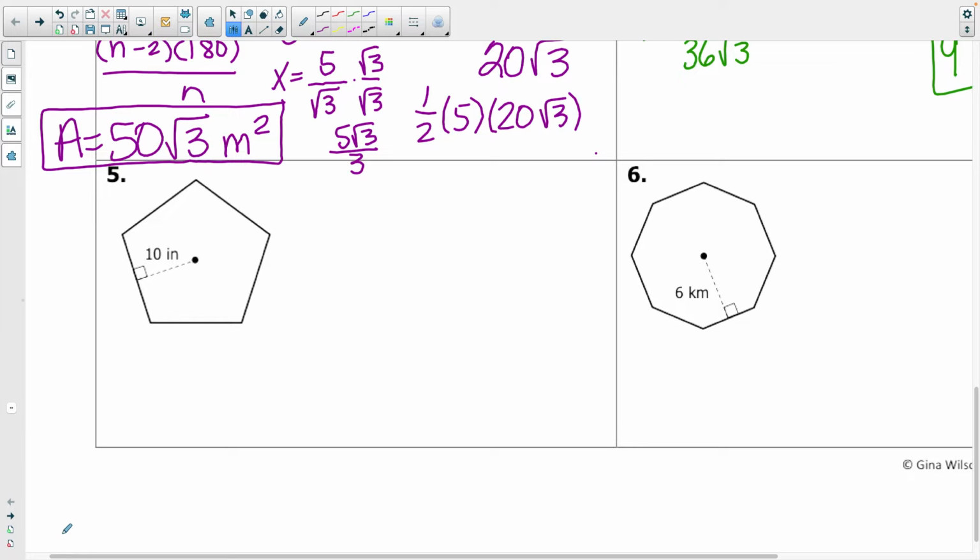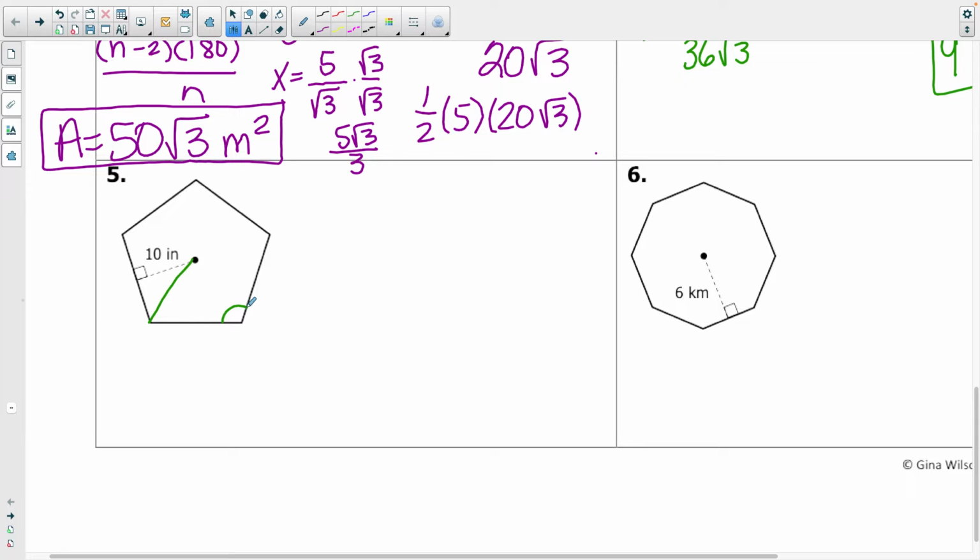Okay. So I'm going to draw this right here. So step 1, draw your line. Now we have to figure out how many degrees that angle is. Divide by n.